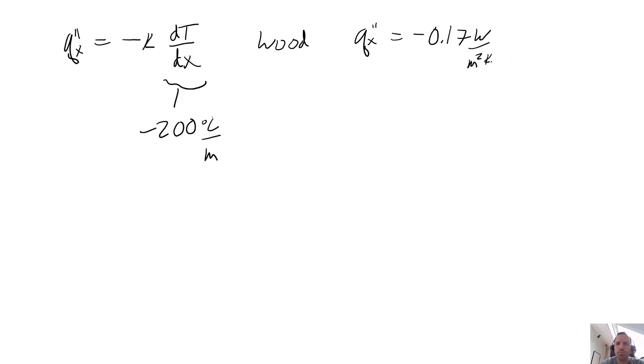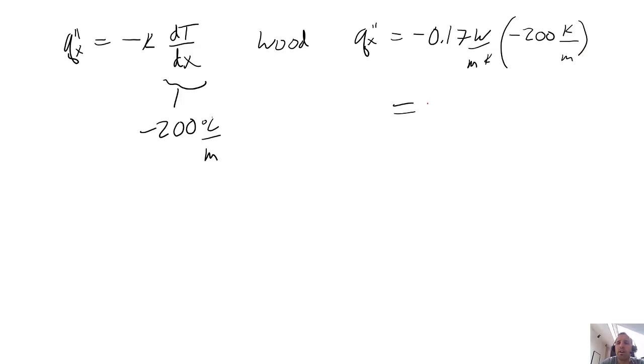And then we multiply that by the gradient of our temperature, which is minus 200, and I'll switch to Kelvin here. Kelvin per meter. Oh, my apologies, I did the wrong units here. That's watts per meter per Kelvin. I was looking at my units and freaking out a little bit. Okay, minus 200 Kelvin per meter.